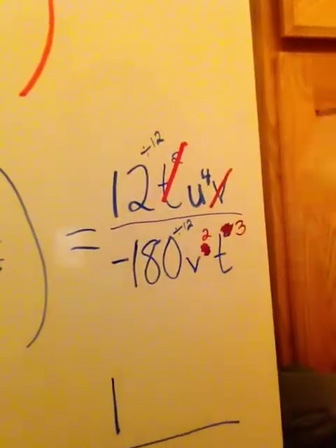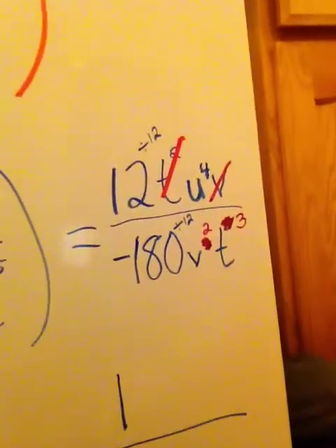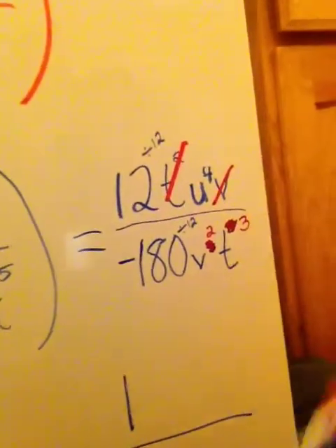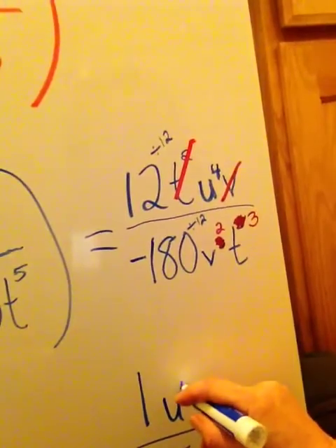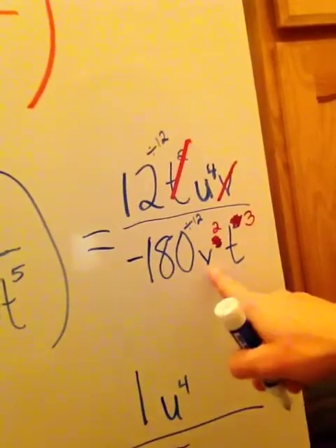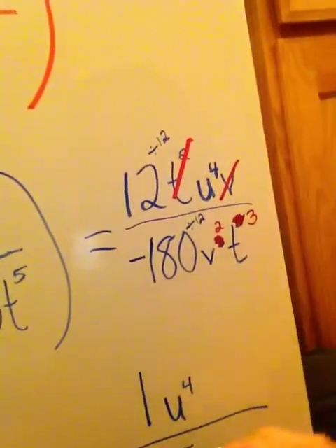And the u's, I don't have any downstairs or in my denominator to cancel with it. So I'm left with u to the 4th in the numerator. And in the denominator, I've got v squared and t to the 3rd.